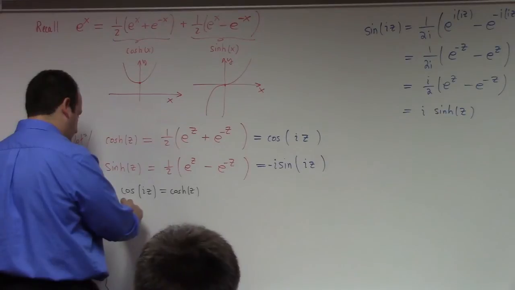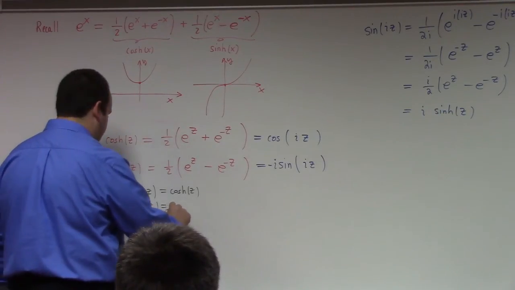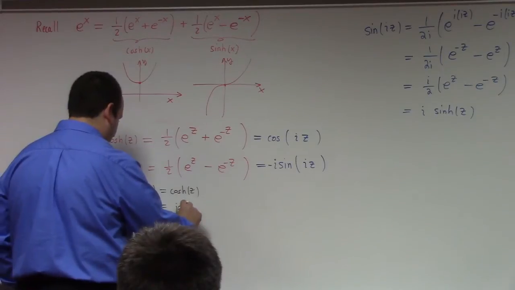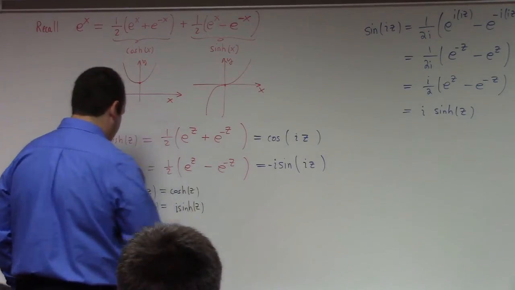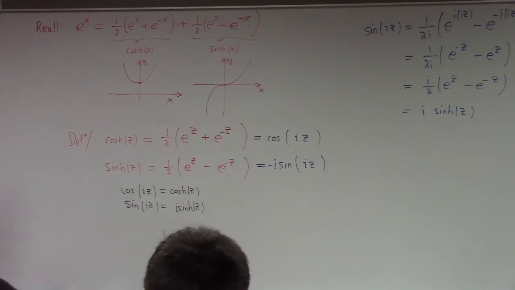And then sine of iz is actually equal to i sinh of z. You might also want to be able to write cosine of z in terms of cosh of iz, right? I'll leave those to you guys. Okay, so that's the relation between those.